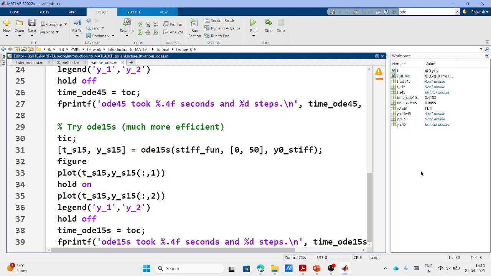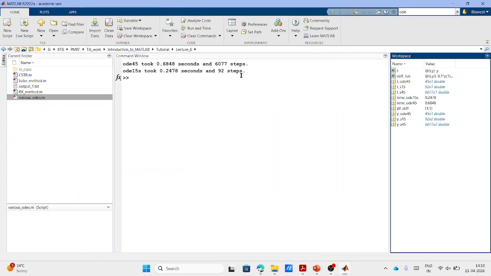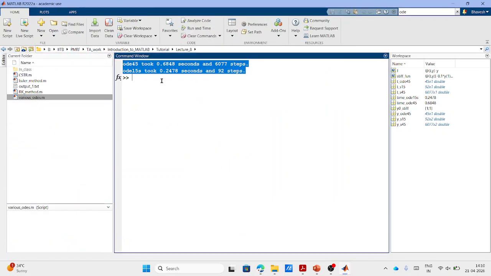And when you run it, what you get is this. See, ODE45 took 0.68 seconds with 6,000 steps, while ODE15s, which is optimized for stiff ordinary differential equations, used 92 steps. You can learn more about this command through the help part.